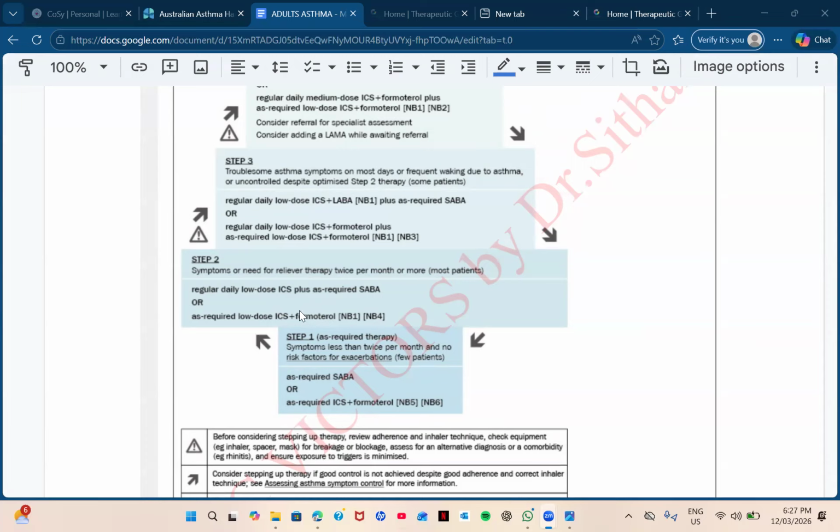What was the best example I told you to remember that day? BF, right? Who is your BF for AMC? Yes, budesonide formoterol. This is the best drug that we can initiate. Remember, AMC's BF.